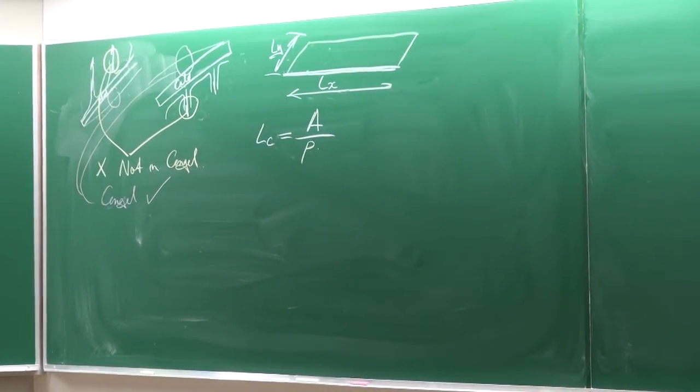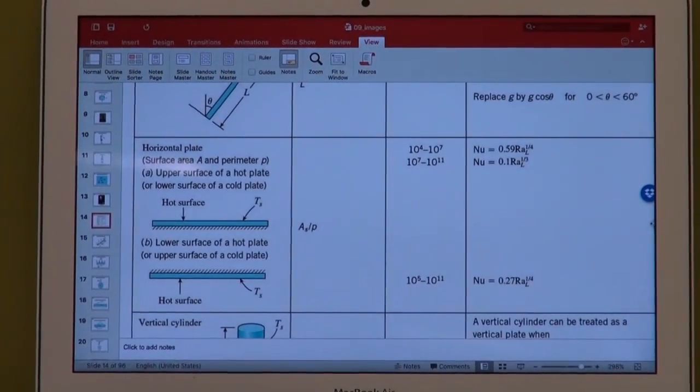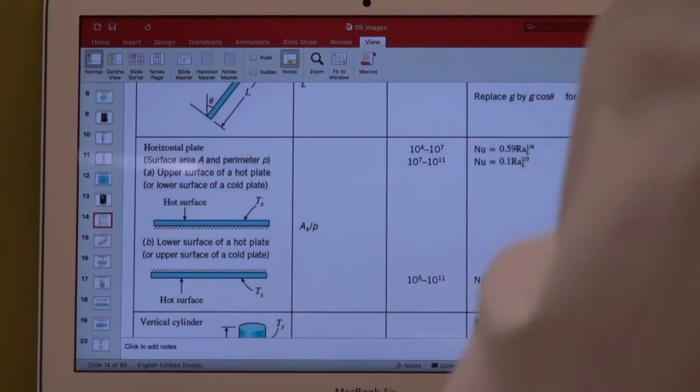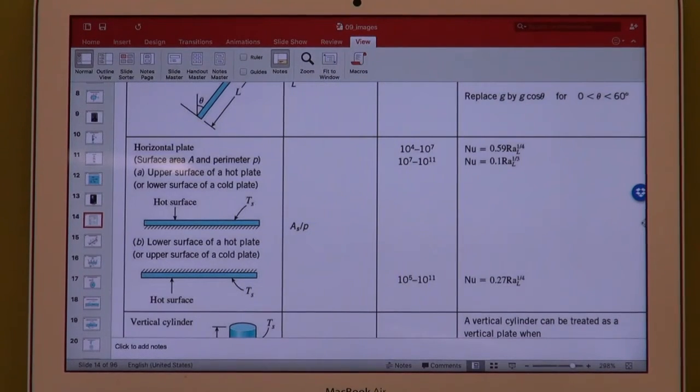You see that? So again, look in your textbook. It is the surface area divided by the perimeter, and then depending on the ranges, and if it's the hot surface at the top or the hot surface at the bottom, you need to select the correct Nusselt number depending on the ranges.